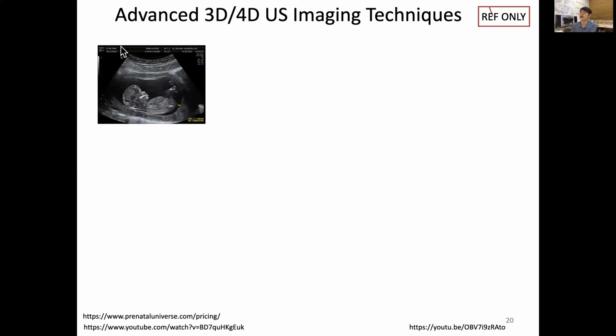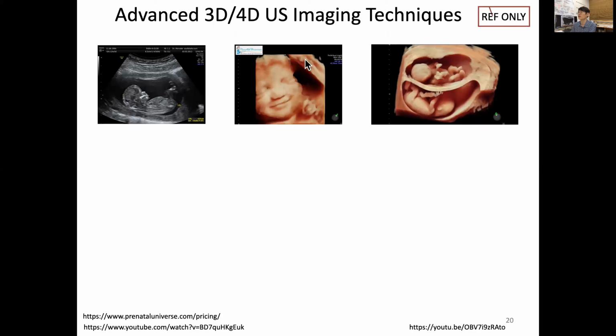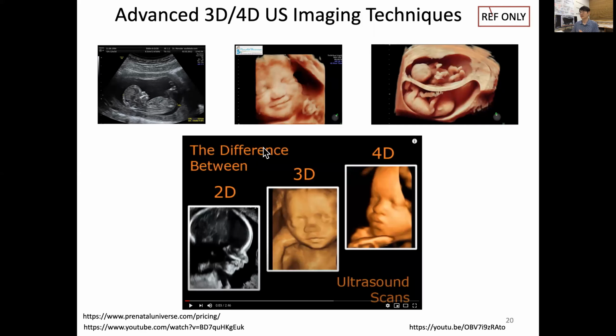First there is traditional 2D ultrasonic imaging, and we can create three-dimensional ultrasound imaging. This is an interesting example of twins inside a mom's womb, showing the differences between 2D, 3D, and 4D, which is in fact a movie. You can go to YouTube to see how 4D ultrasound looks.